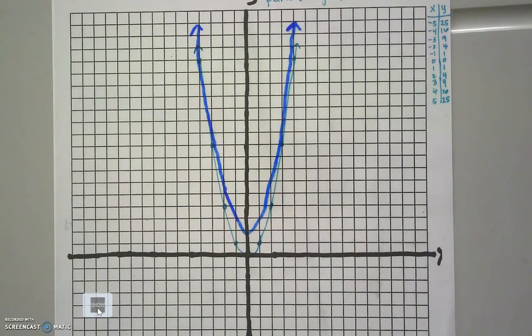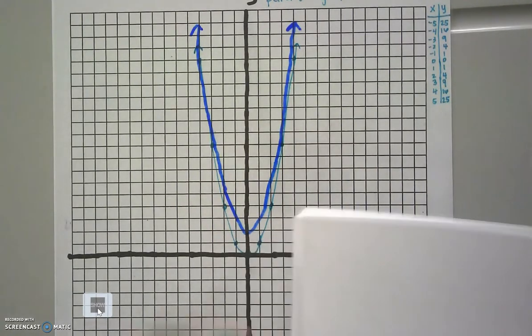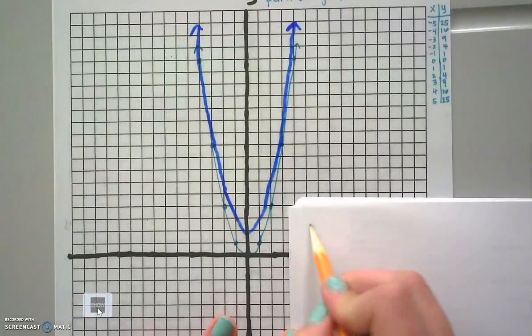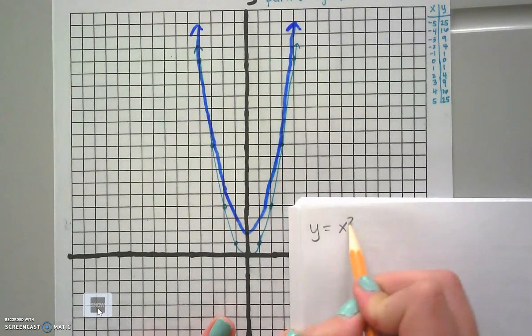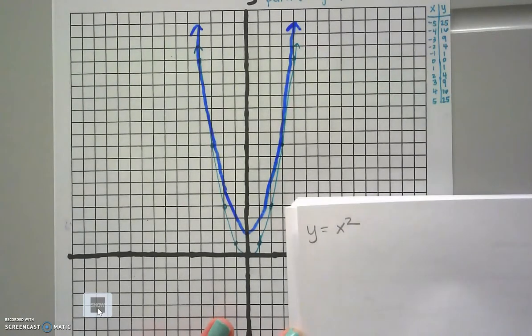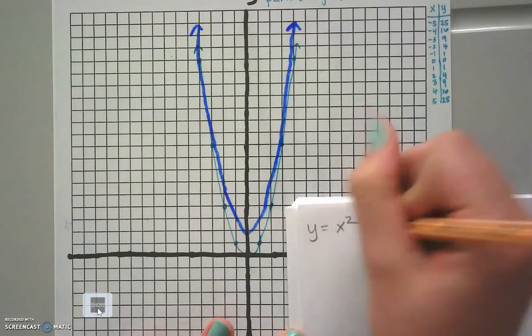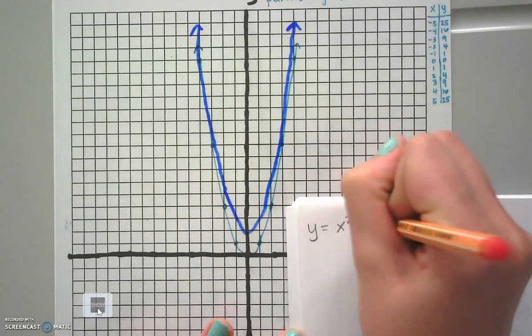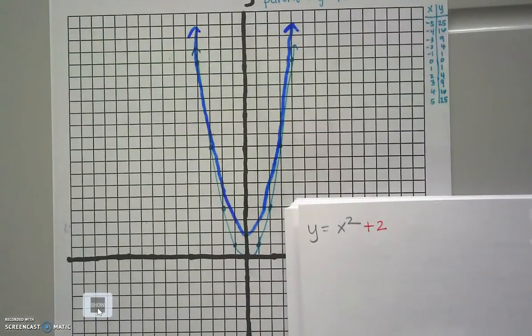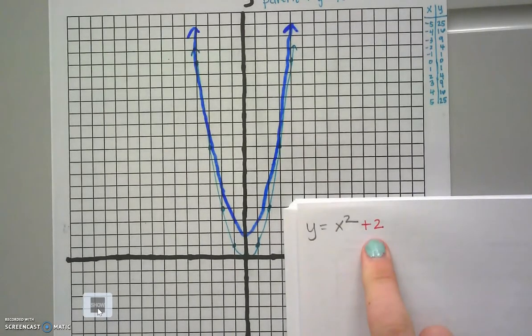We took our parent function x squared and we moved it up 2. So if I were to write this equation, we started with our parent function, y equals x squared, and I then told you to move it up 2. That 2 tells me to go up 2.